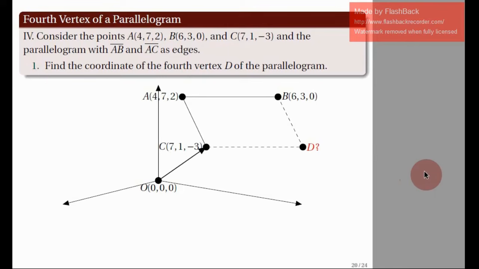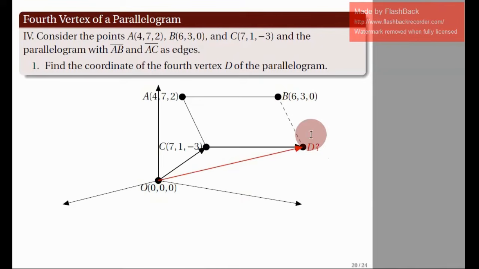And let us then consider the vector CD, where its initial point is C, its terminal point is D, which we don't know yet. Now, looking at these two vectors, notice that if we add these two vectors, the resulting vector is precisely this vector, vector OD.